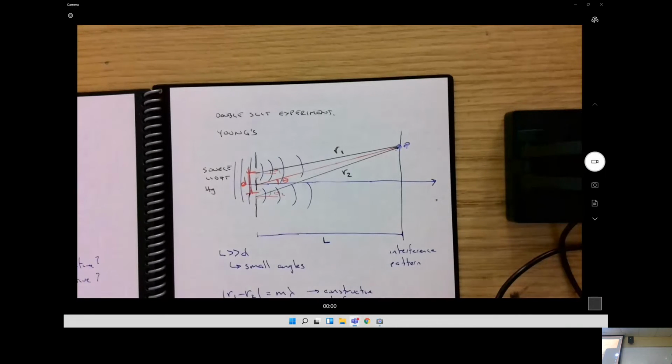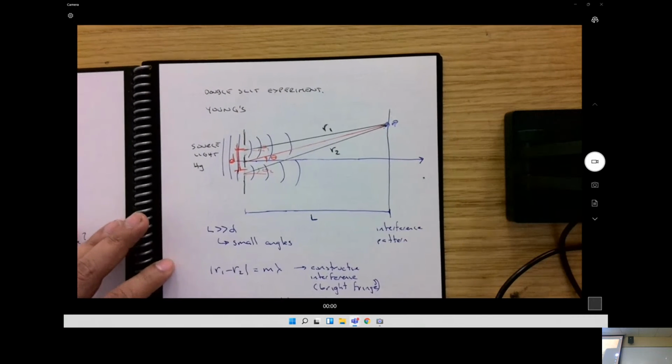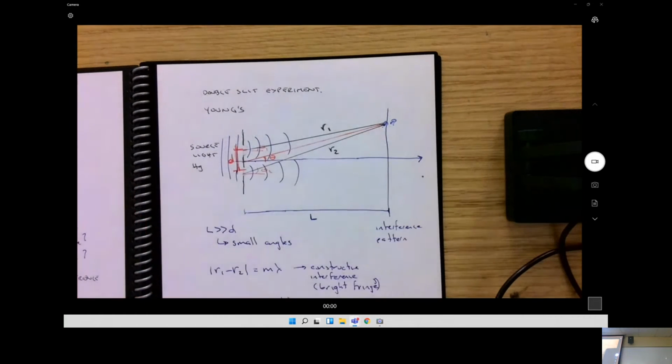Okay, so we finished last class, I think, around here. We were talking about Young's double slit experiment, and basically we were trying to set up the parameters to be able to solve these kind of problems.